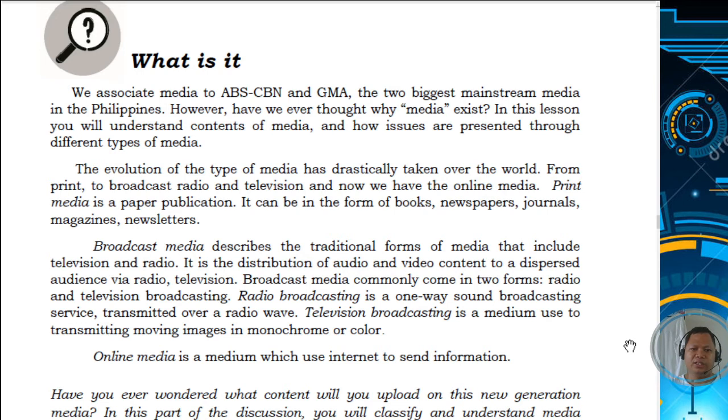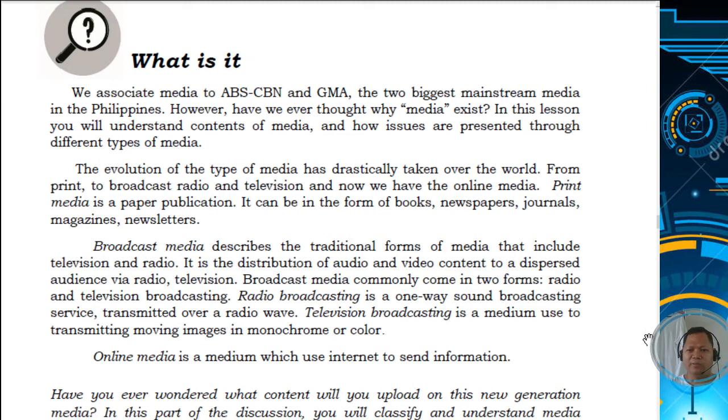Print media is a paper publication. It can be in the form of books, newspapers, journals, magazines, and newsletters. Broadcast media describes the traditional form of media that includes television and radio. It is the distribution of audio and video content to a dispersed audience via radio and television.